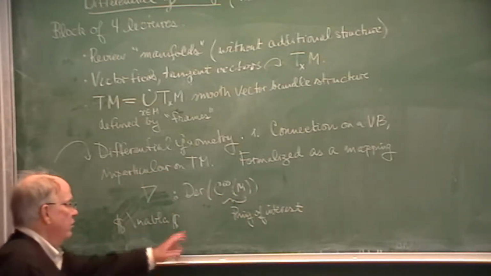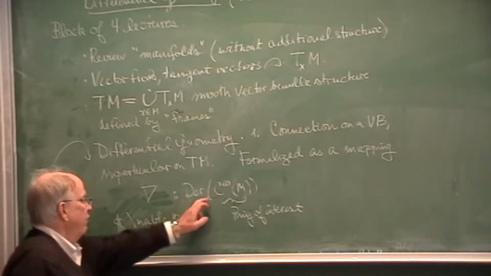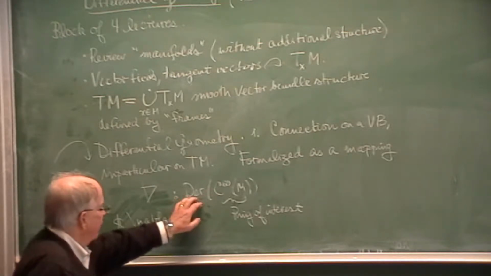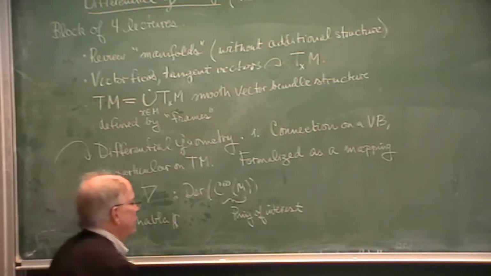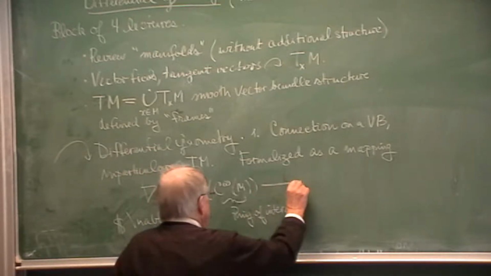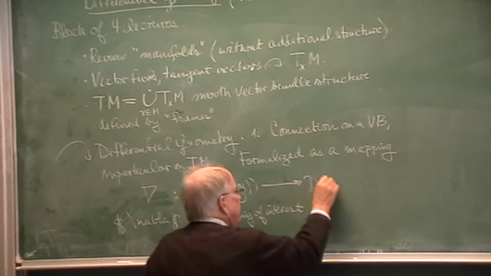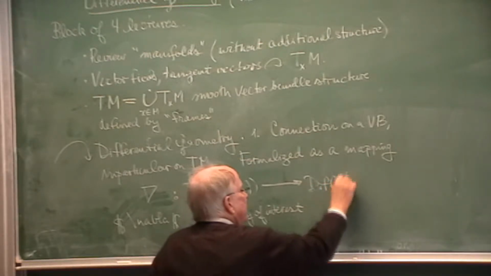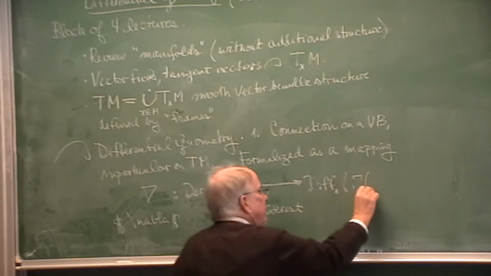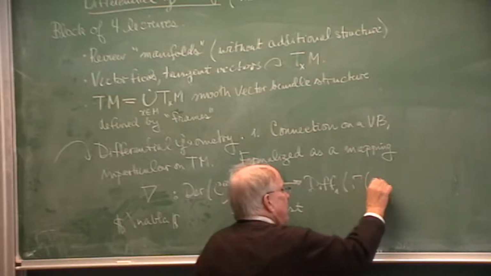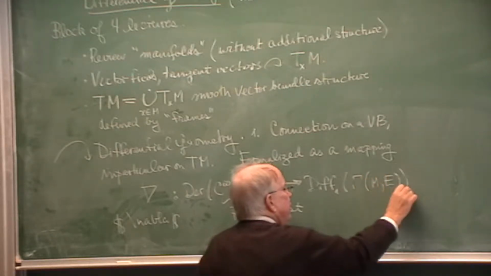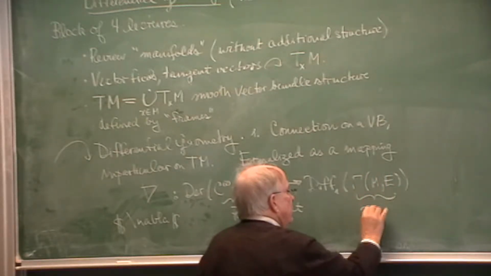So this is something called a ring, and the vector field is just derivations on that. But it's formalized as this algebraic structure, and it's a mapping to the first order differential operators on sections of the vector bundle. So I formulated this here. This is the module.